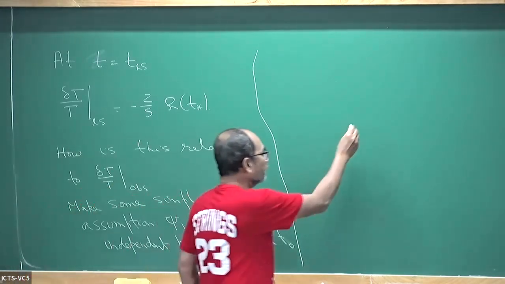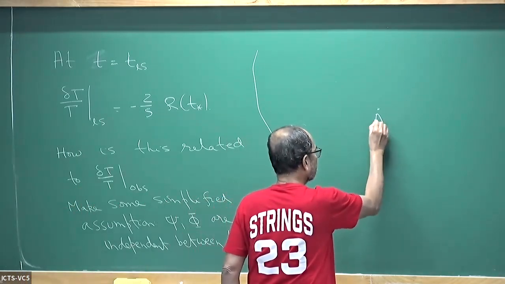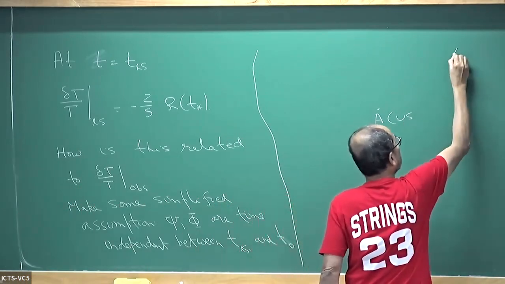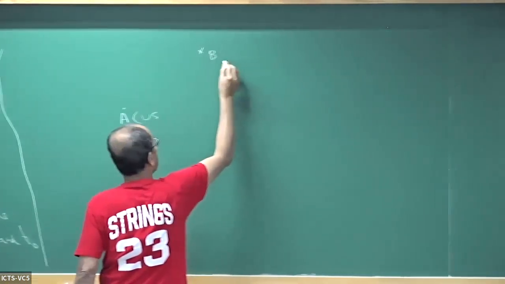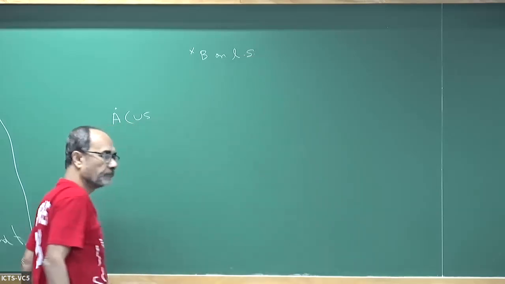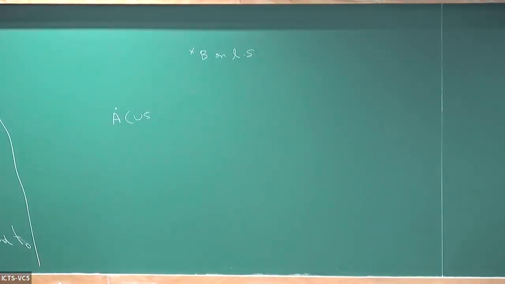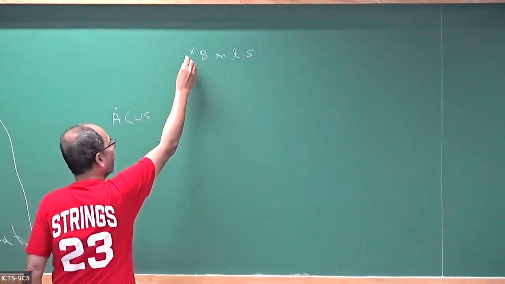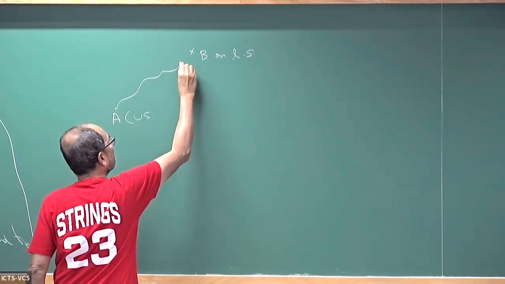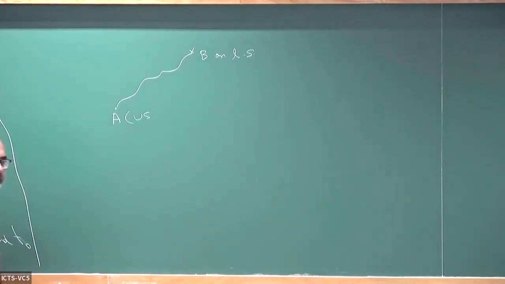So let's suppose that we have our observer here. This is us. And this is a point on the last scattering surface. The CMB photon comes from here and reaches us, but in general it can go along a curved path because the metric is not uniform.